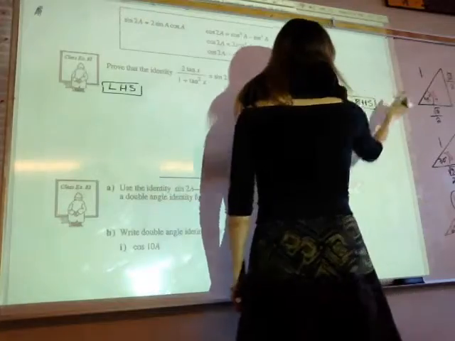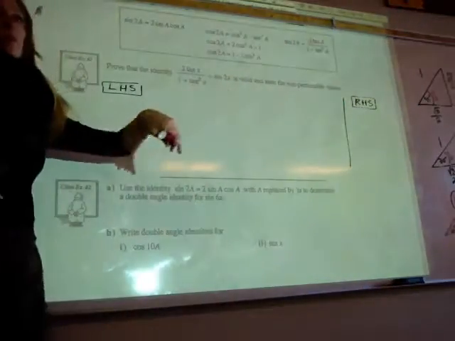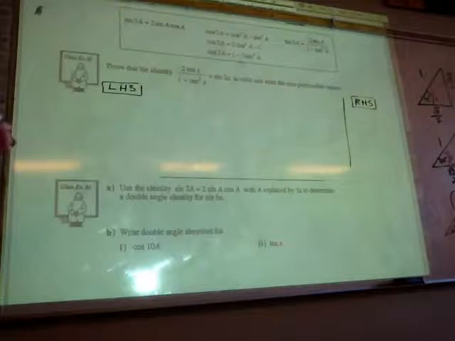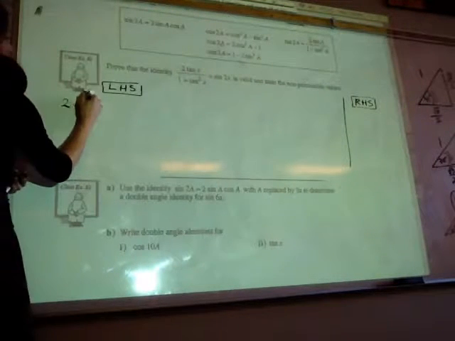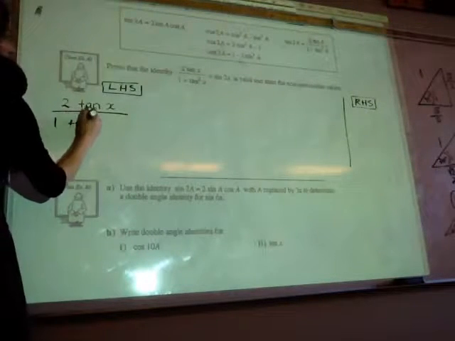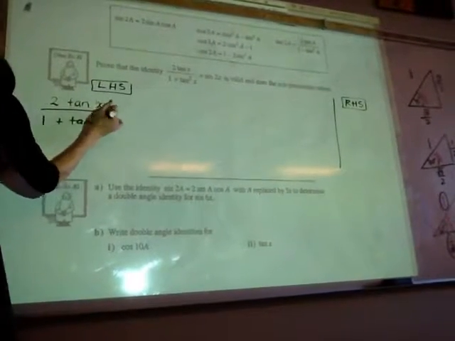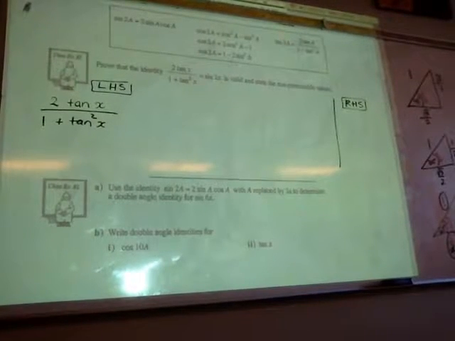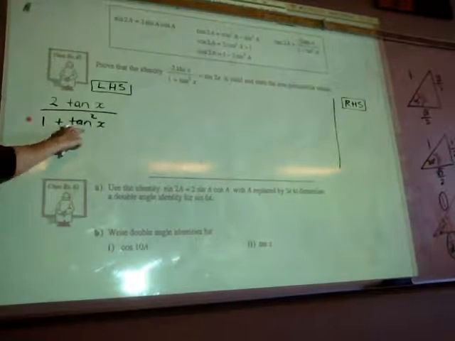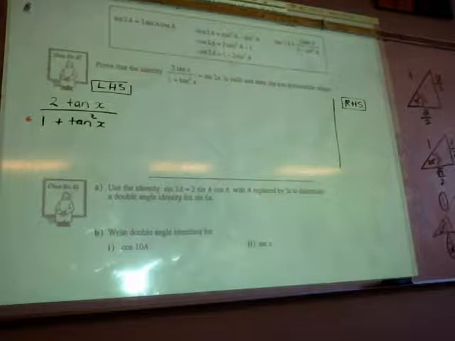And our right-hand side we don't have much work because it's pretty simple, so I'm just going to leave it first. Let's start with the most complex side. 2 tan x over 1 plus tan x squared. Do you guys remember from the Pythagorean identity what we could rewrite 1 plus tan x squared as?